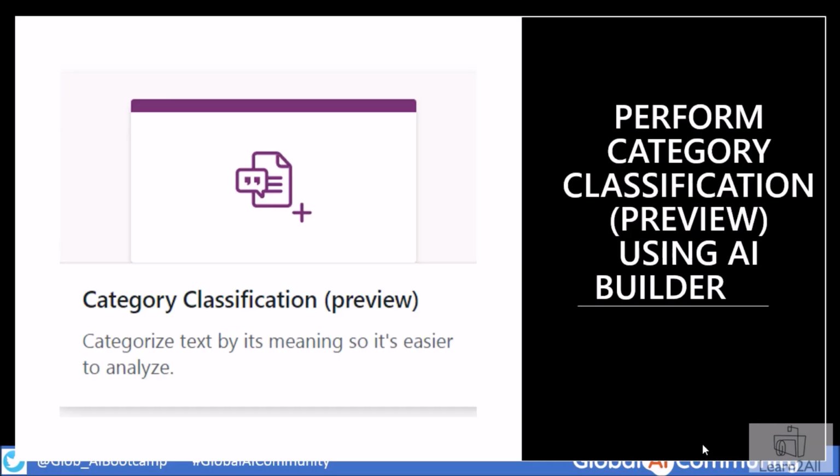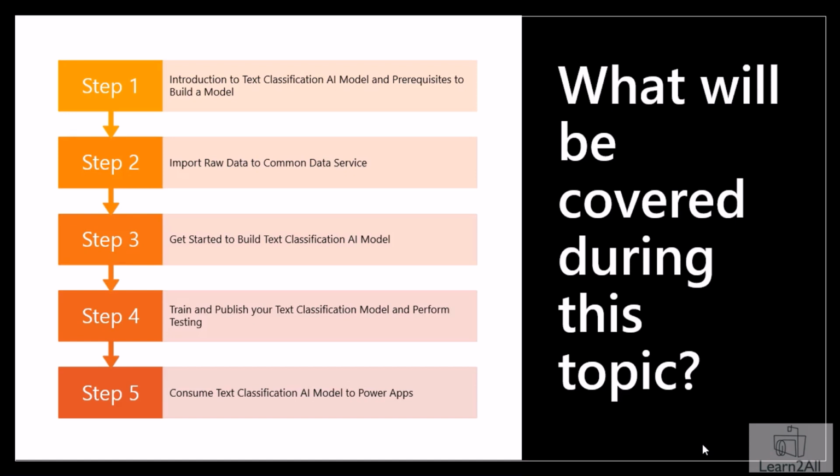During this session, I am going to talk about how we can perform category classification or text classification using AI Builder. First, I'm talking about what text classification or category classification is, and what the prerequisites are to build a text classification AI model.